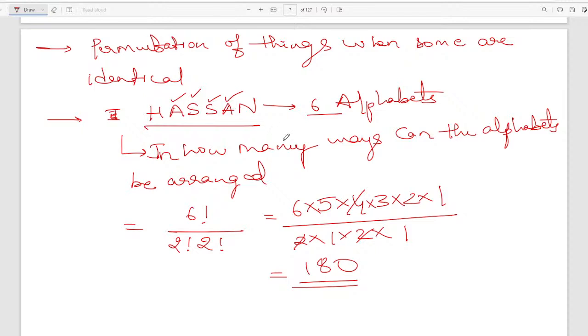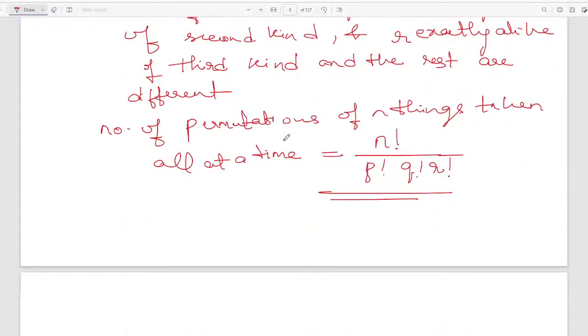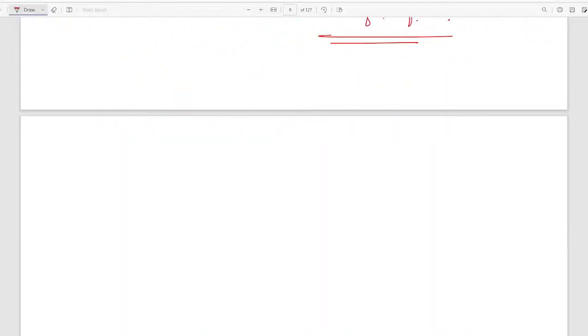But in some cases, there would be other ways. For example, you take the word SUCCESSFUL.